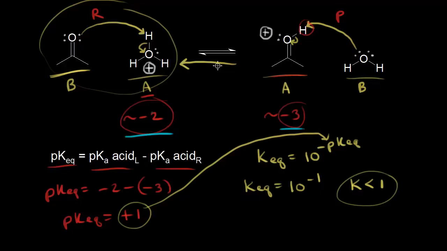It's a little bit tricky because we have two negative values for our pKa, but -2 is closer to 0 than -3, so -2 is the higher pKa, and our equilibrium favors the formation of the acid with the higher pKa. Our equilibrium favors the formation of the weaker acid, so the equilibrium lies to the left. So again, that's the fast way of figuring out the position of equilibrium using your pKa values.